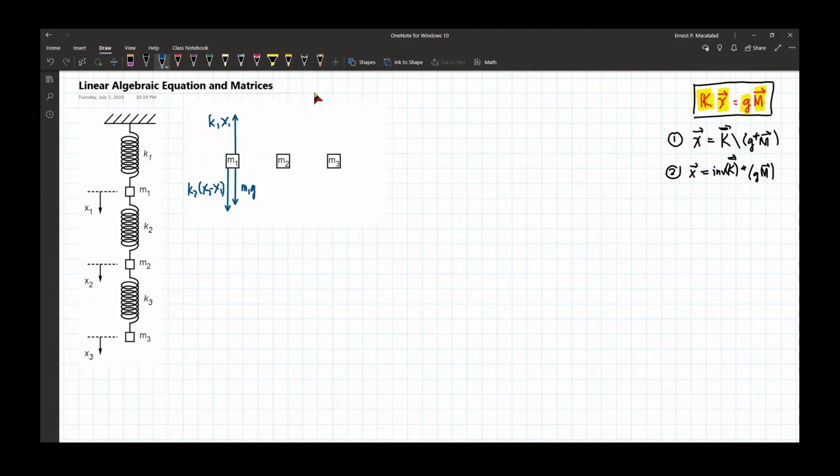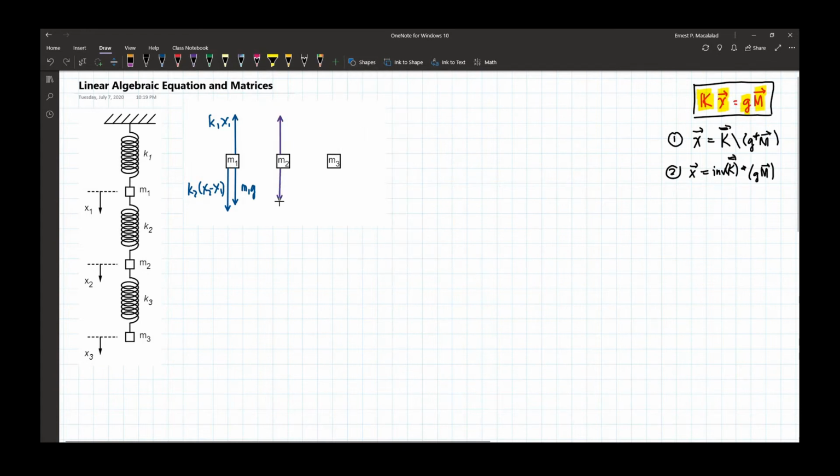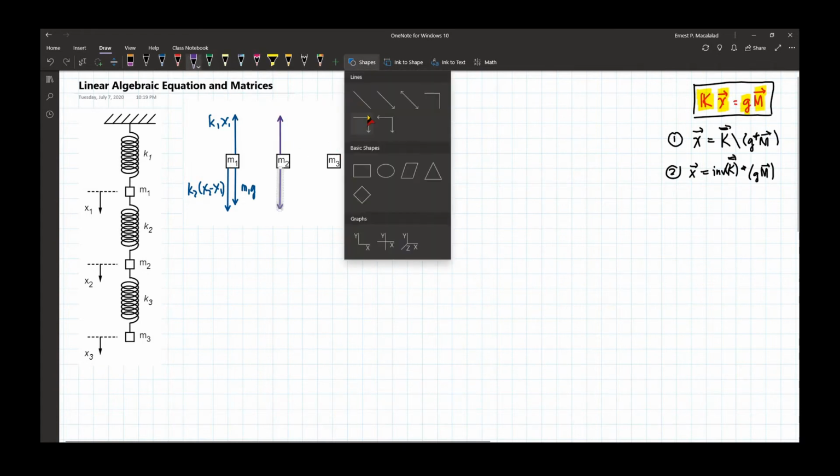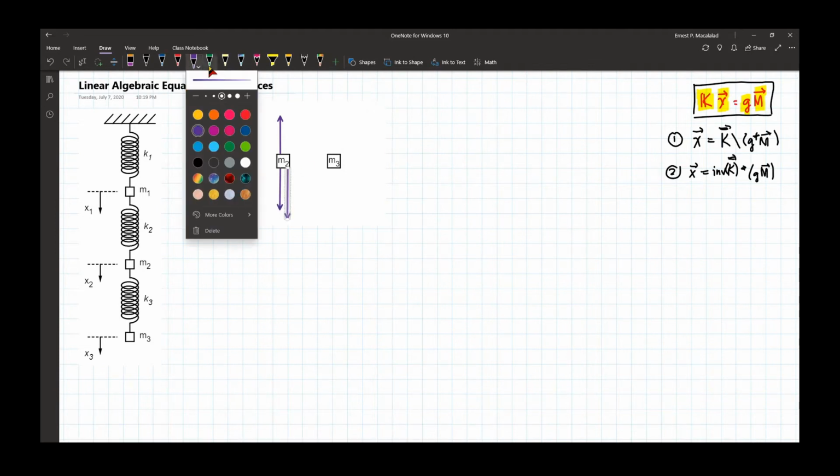Same goes with m2. So for m2, we have forces upward and then two forces downward. Okay?